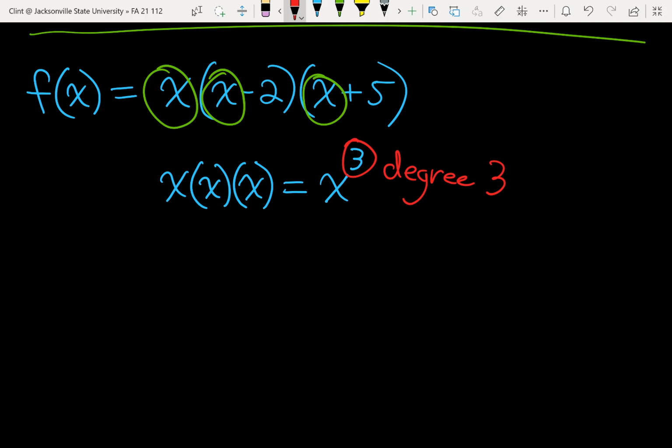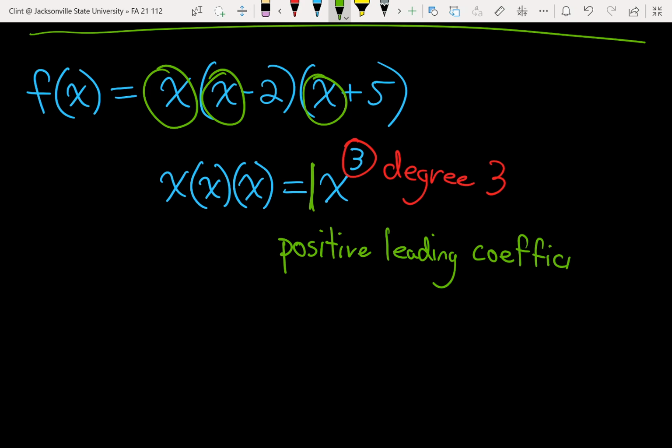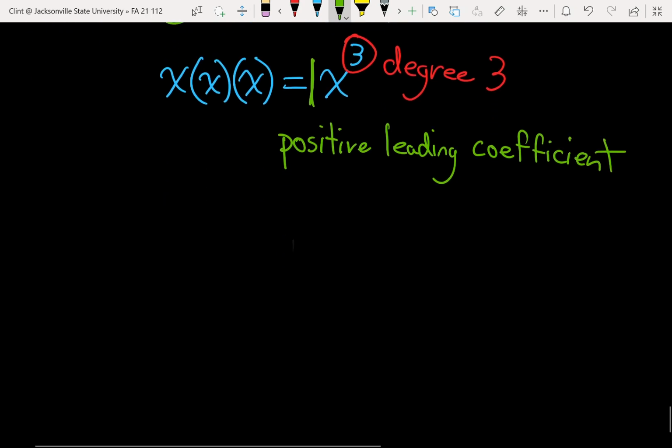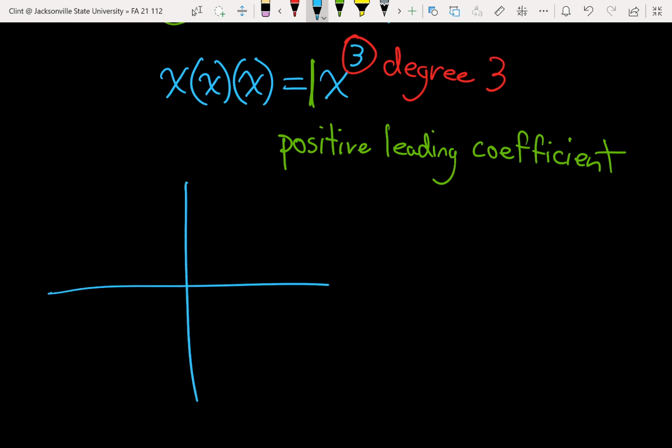And again, our leading coefficient is 1, so positive leading coefficient. Odd degree, positive leading coefficient tells me the end behavior is going to be down to the left, up to the right.